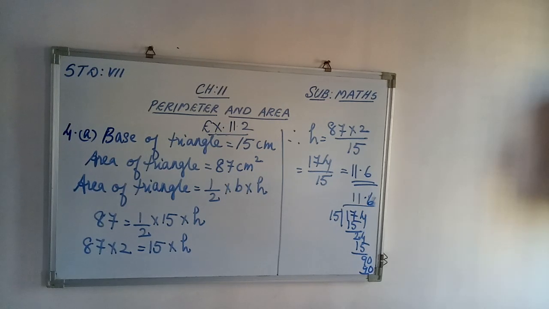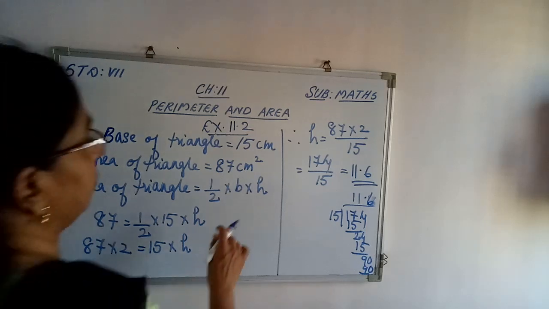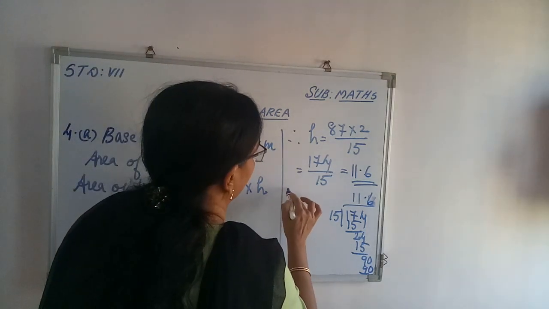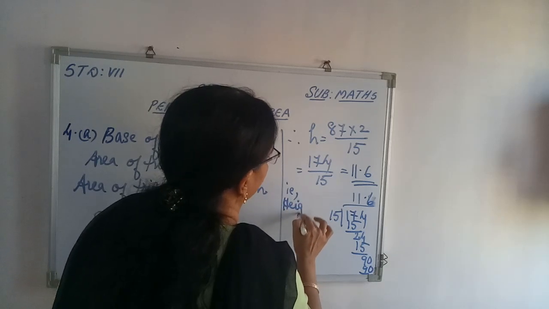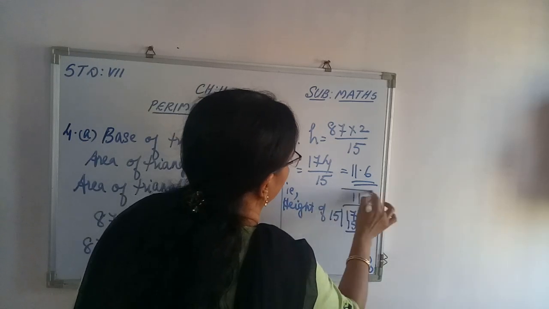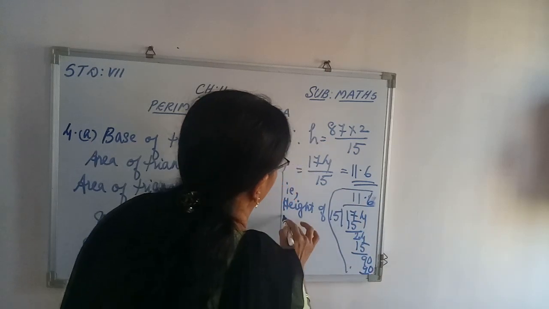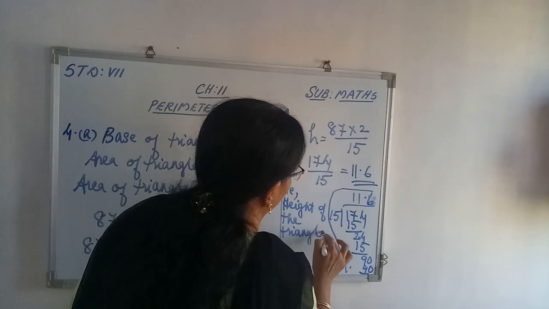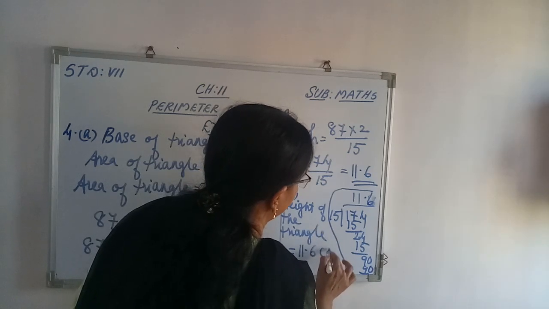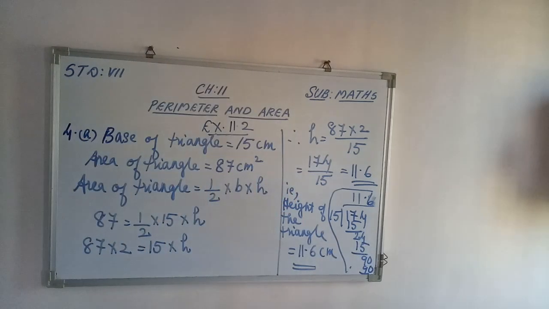So what's the final answer you will write? Therefore, height of the triangle is equal to 11.6 centimeter.